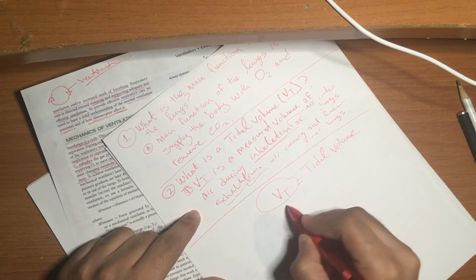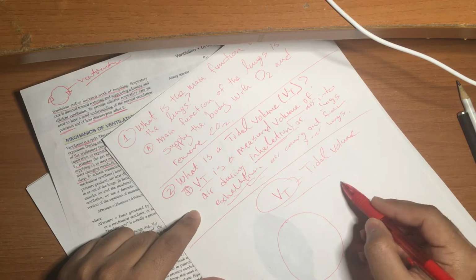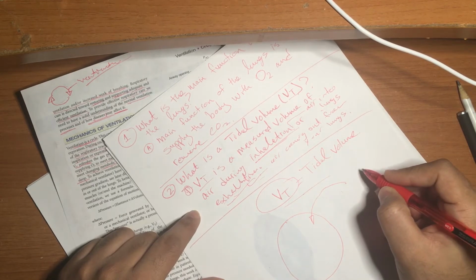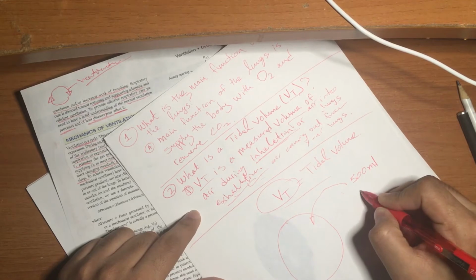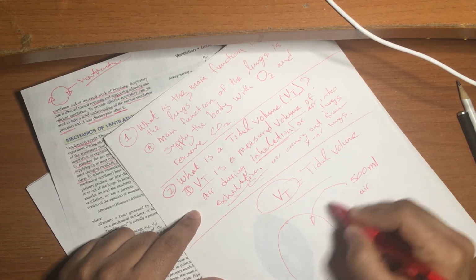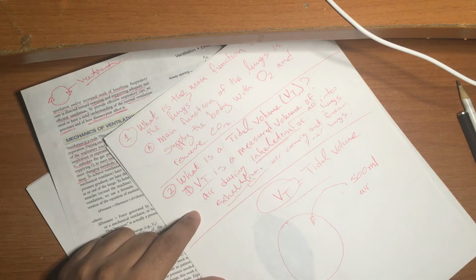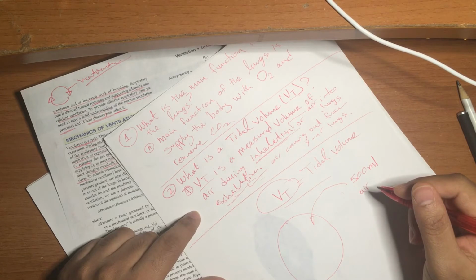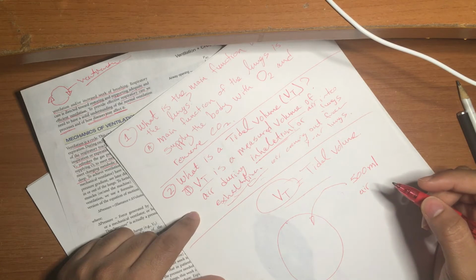What tidal volume means is this is your lung, the amount of air that enters your lung. Let's say 500 ml of air goes into your lung during normal breathing, which is a normal inhalation and exhalation. You will not even notice a tidal volume when somebody is breathing until you tell them to take one.